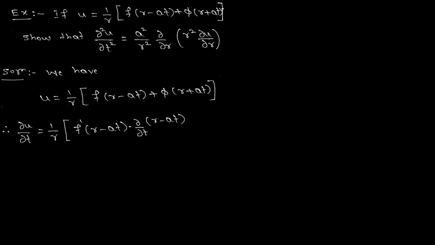This completes the chain rule for f of r minus a theta, plus derivative of phi is phi dash of r plus a theta into differentiation of r plus a theta with respect to t partially gives dou by dou t of r plus a theta. In the next step, let us simplify this and this.